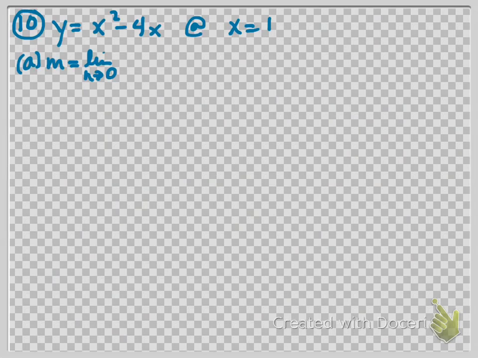All right, so we're going to do the limit as h approaches 0 of what goes on top? F, and let's write the F version and then we'll come back and fill it in. F of 1 plus h minus f of 1 over 1 plus h, if you want to go that far, minus 1.